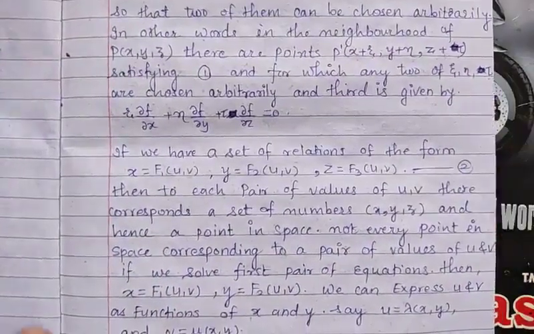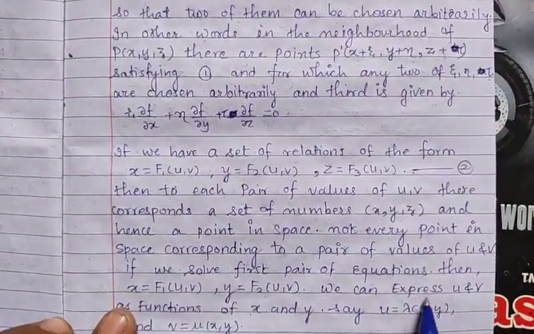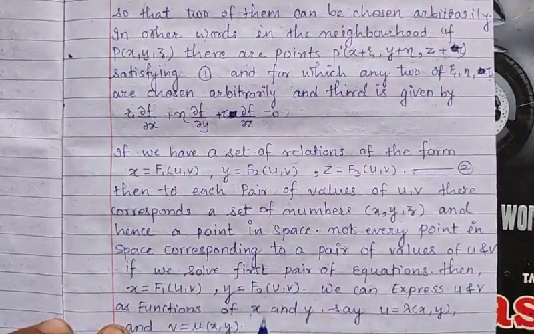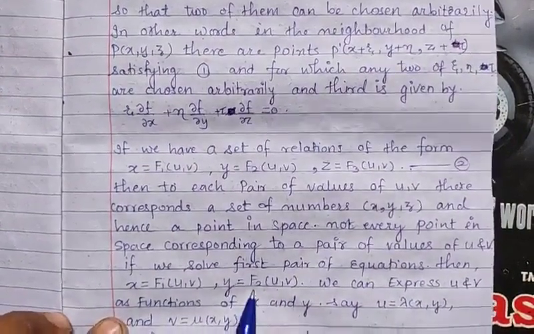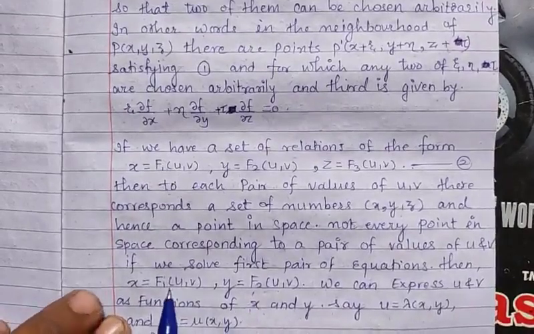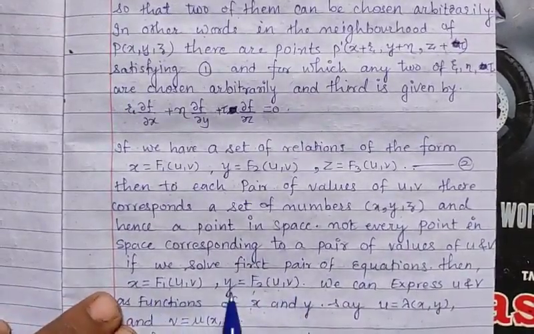If we solve the first two equations, we can express u and v as functions of x and y. After solving these two equations you will get the value of u in terms of x and y, and the value of v again in terms of x and y.